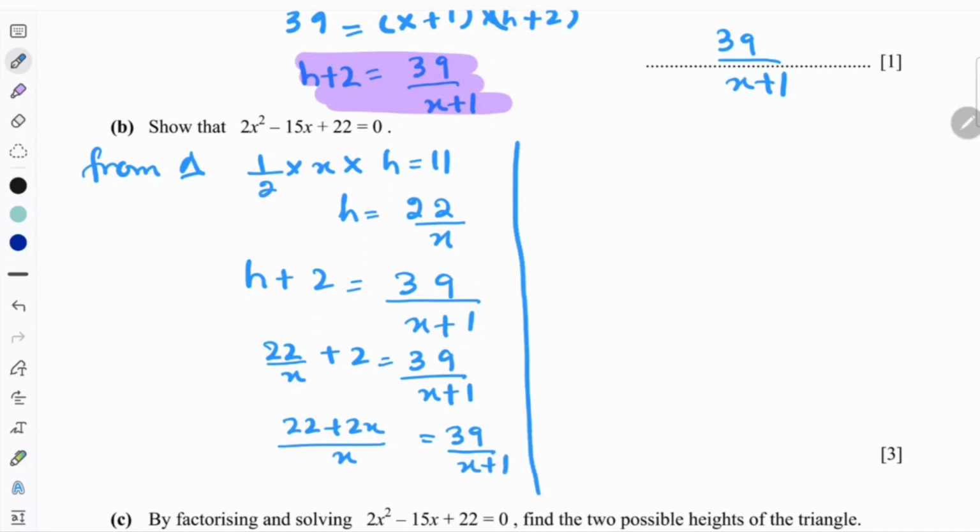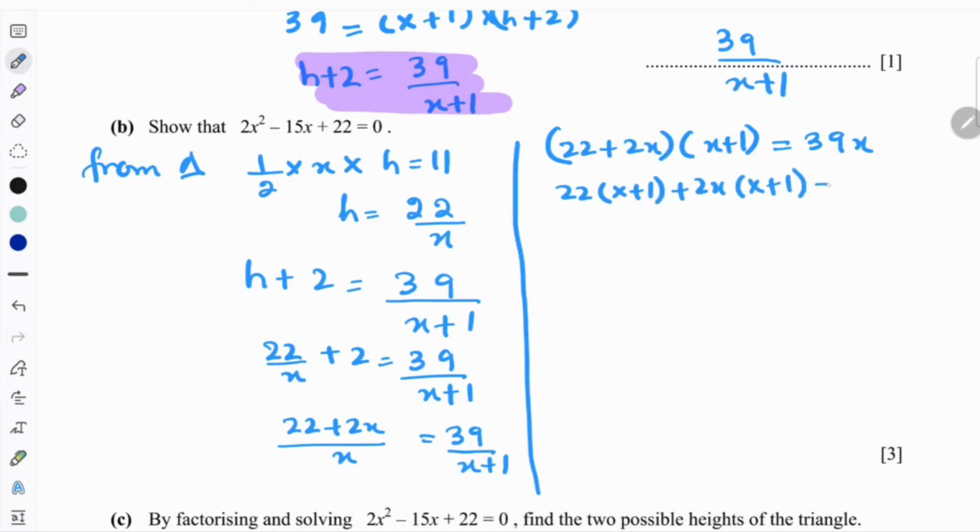Cross multiply. 22 plus 2x times x plus 1 is equal to 39x. 22 times x plus 1 plus 2x times x plus 1 is equal to 39x. 22x plus 22 plus 2x square plus 2x is equal to 39x.